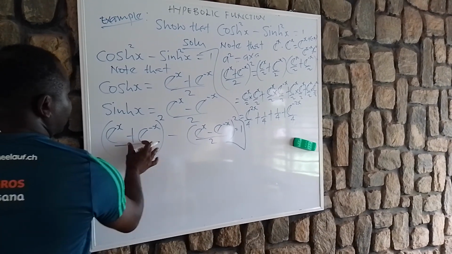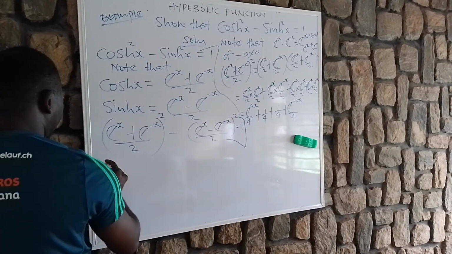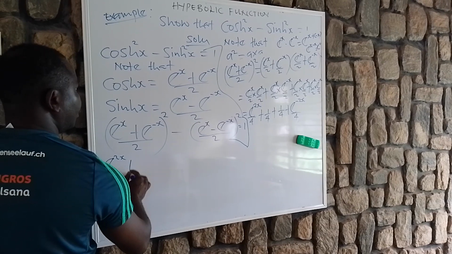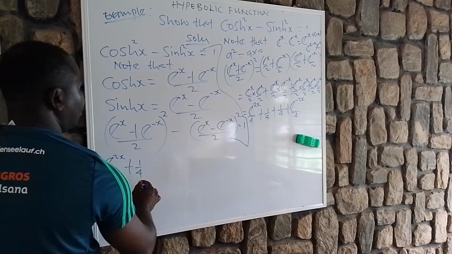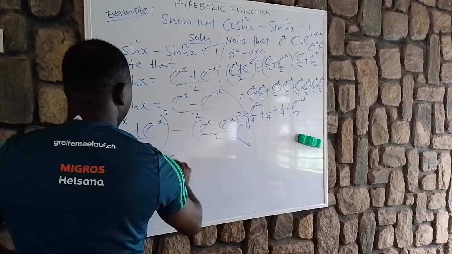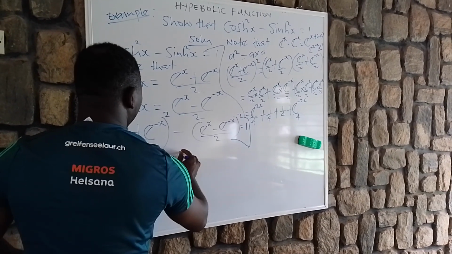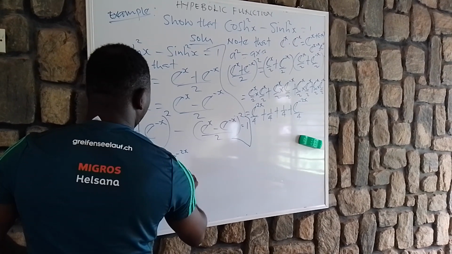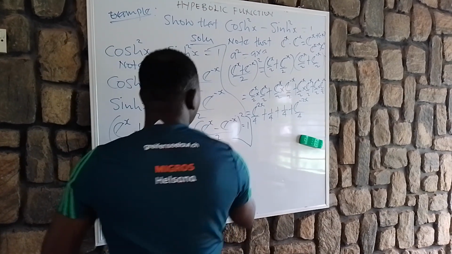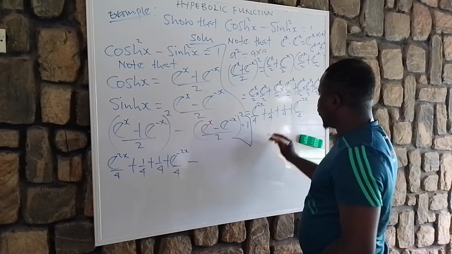So instead of this, we write the result there: e^(2x) all over 4 plus 1 all over 4 plus 1 all over 4 plus e^(-2x) all over 4. Mind you, there is a minus here, right? Let us consider this one this way.